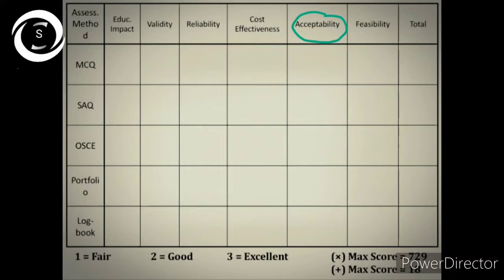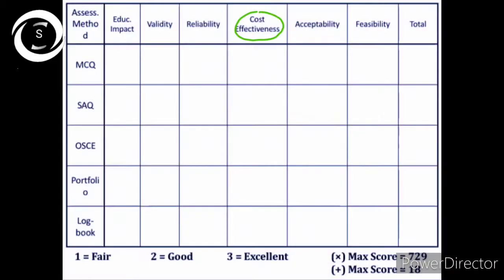So then comes the cost. Cost is also just like feasibility. MCQs, SAQs and essay type questions cost less, whereas portfolios, 360-degree multi-source feedback and OSCEs require a lot of human resource, a lot of cost, and a lot of personnel. So they are not that cost effective.